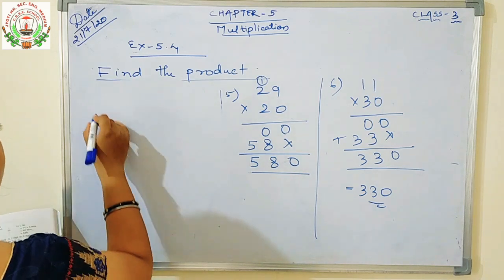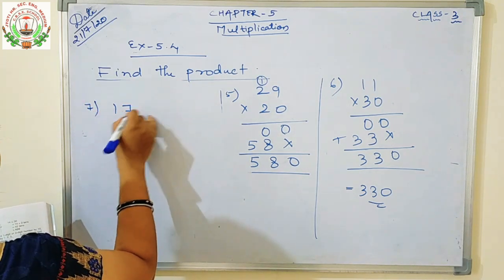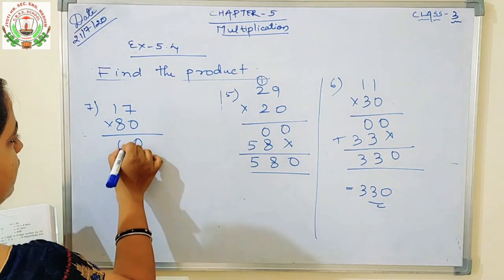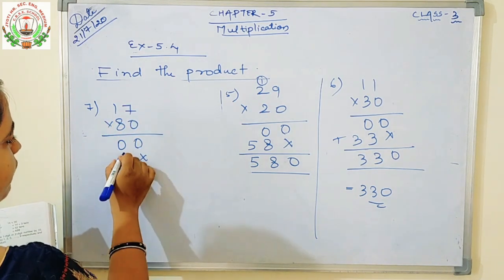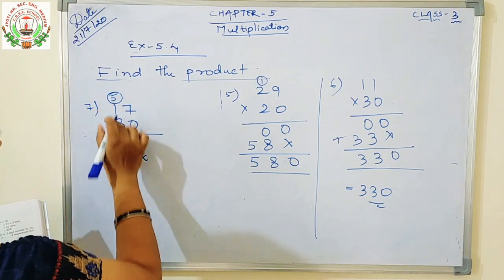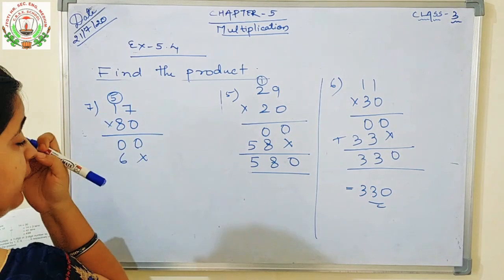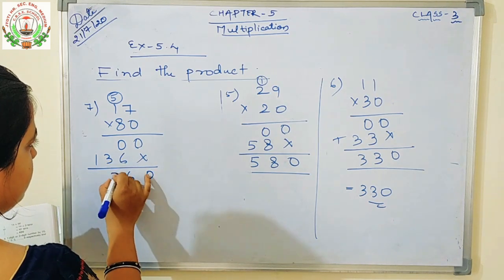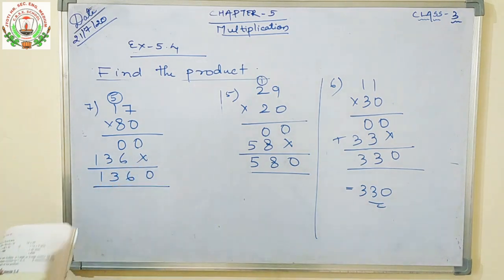Number 7 is 17 into 80. 0 7s are 0, 0 1s are 0, 8 7s are 56, 6 carry 5, 8 1s are 8, 8 plus 5 is 13. 0, 6, 3, 1. So our answer is 1360.